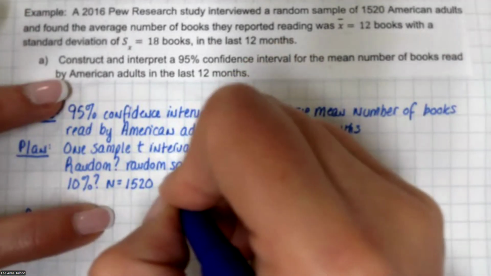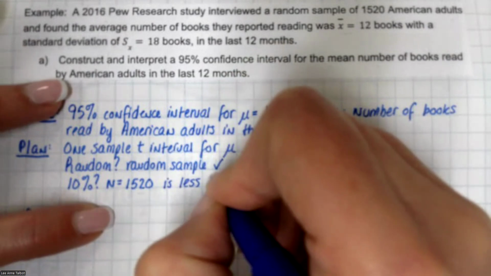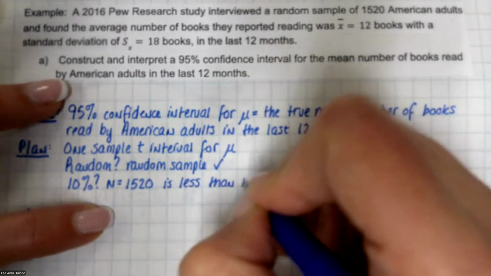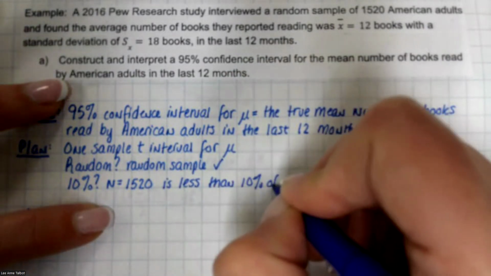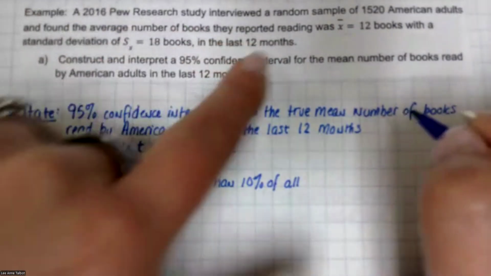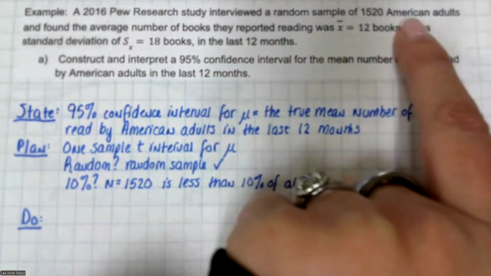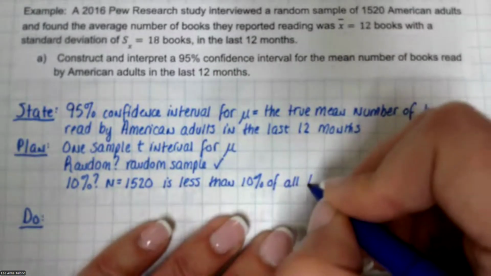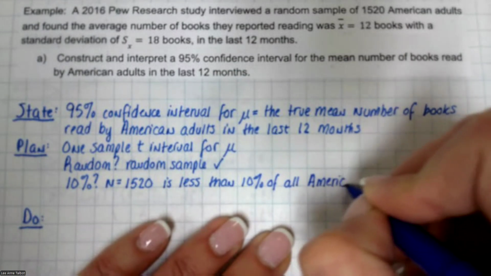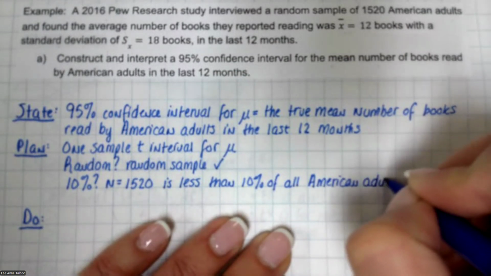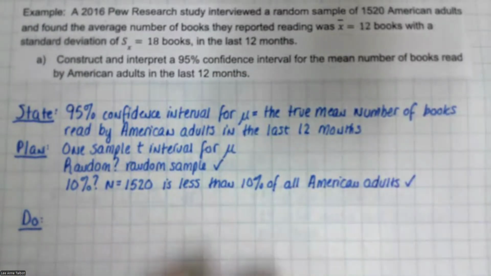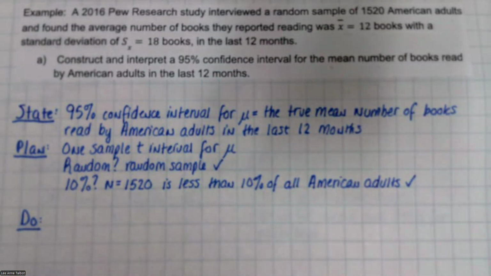1520. Of all what? What is the sample of American adults? Do you think there's more than 15,200 American adults? I think we're good.